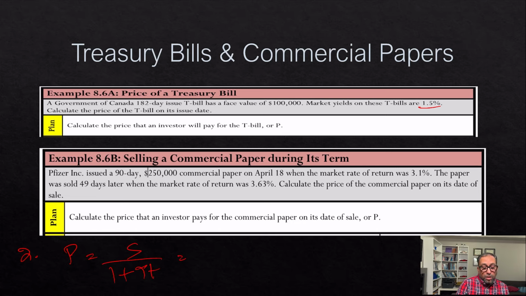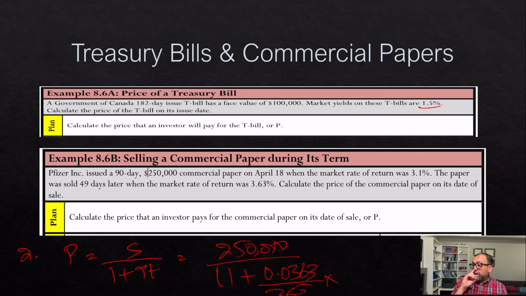Now what is S? 250,000, and then we divide it by 1 plus R. R in this case is 3.63, divided by 365 into the number of days. How many days are going to be left? 51 days?